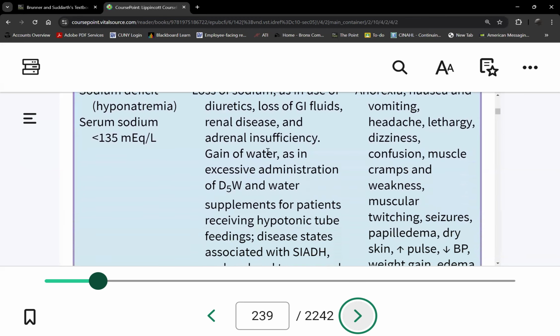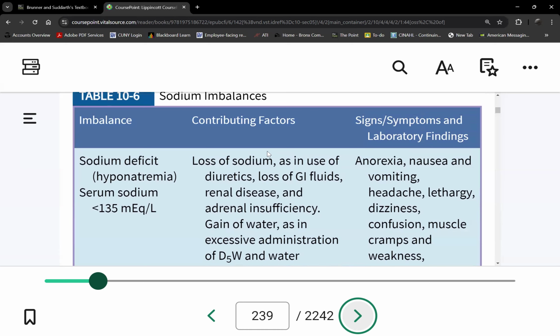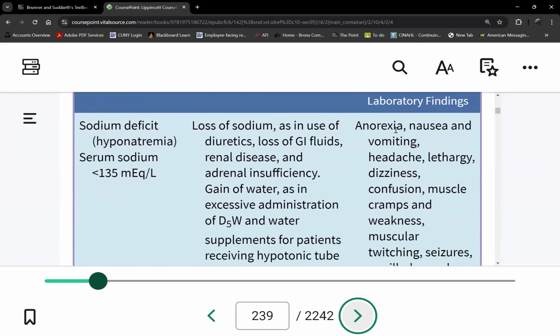Now, the interventions vary, meaning there's no uniform interventions for hyponatremia. It really depends what is the cause of this patient's hyponatremia. Okay, since it's not discussed here, again, they vary. I won't test that. Okay, so we'll just discuss it as we get to the individual chapters. So what am I testing again for hyponatremia? Only the manifestations. So here, they're in table 10-6, and here are your manifestations.